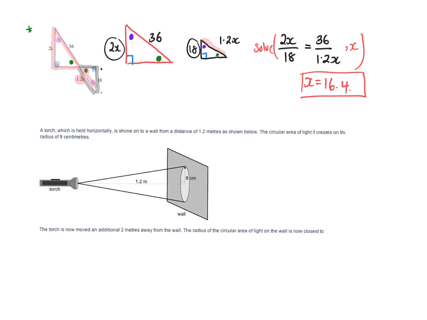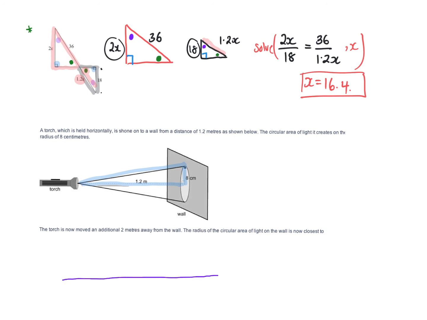Okay, with this one, we get a scenario where they're setting up similar triangles. They have the torch, and it is 1.2 away from the wall, and it makes a circle with a radius of 8. So we can see we create the triangle. They then move the torch back an extra 2 meters.